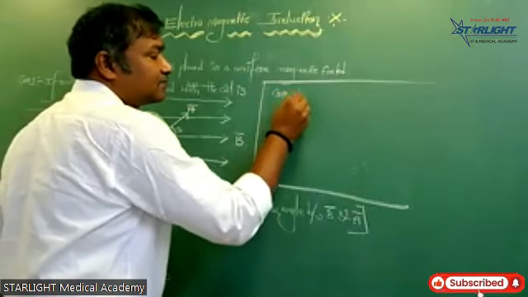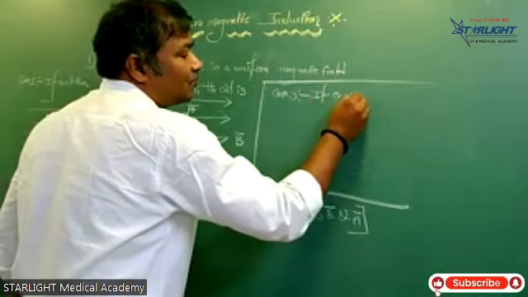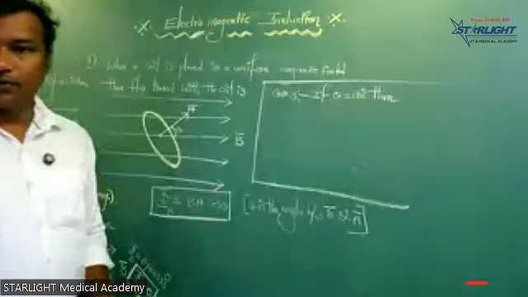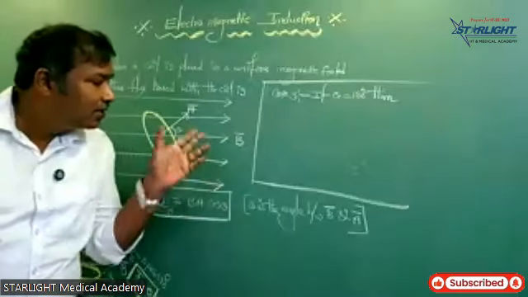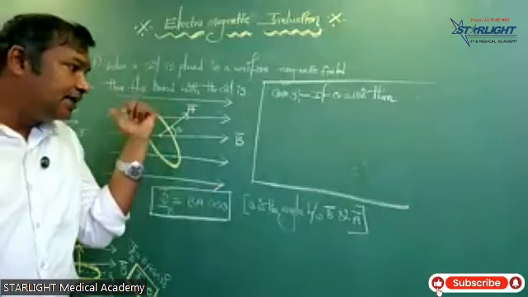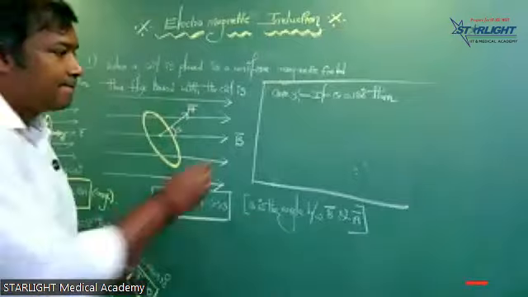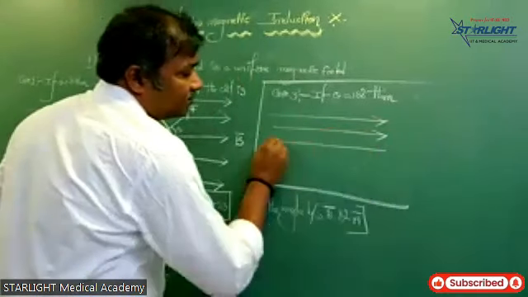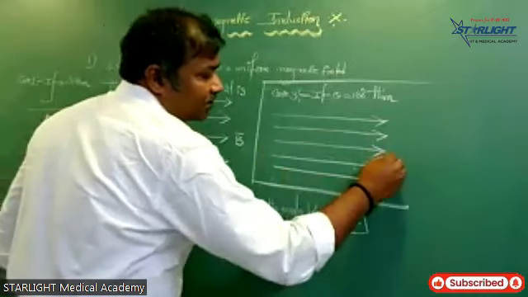Case 3. If theta is equal to 180 degrees, then B bar is in this direction and the area of the coil is in the opposite direction. These are magnetic field lines, B bar.